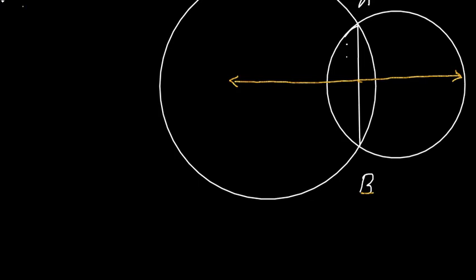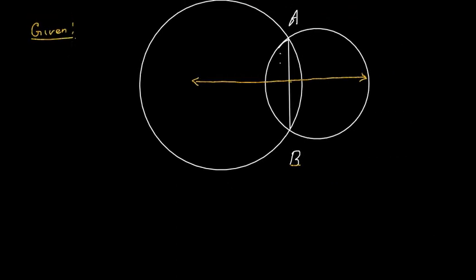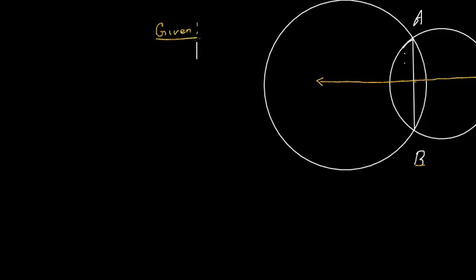Okay, so here I will say given, let us write given. What is given? So I will say that two circles, let it make little smaller. And write given.